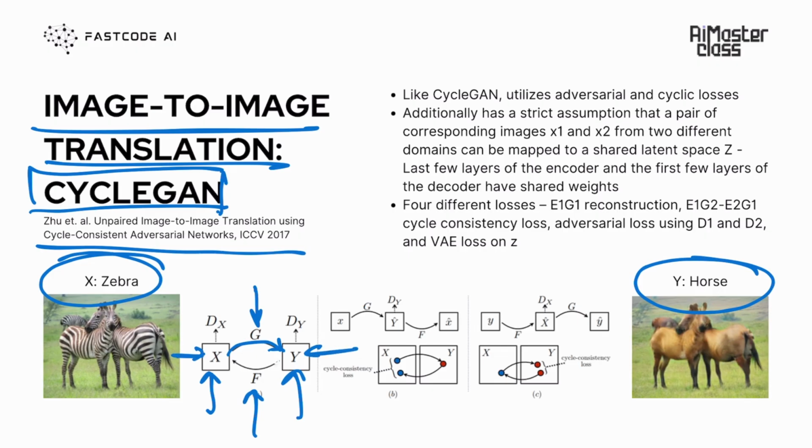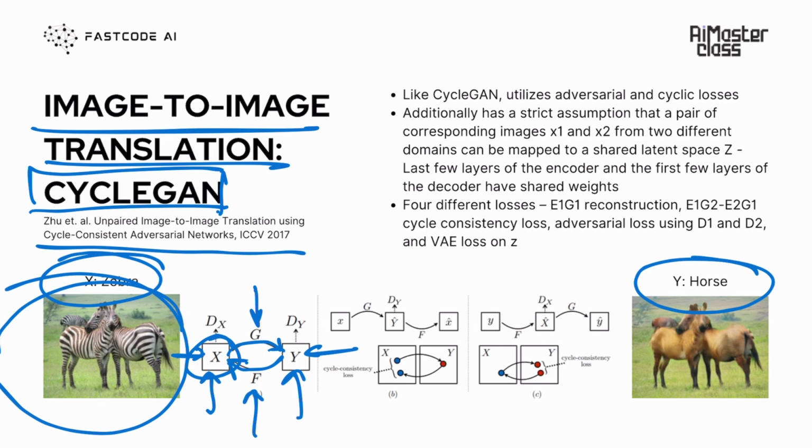And similarly, we're also going to convert our horse to zebra. Initially, obviously our network is not trained, and when we put this whole image as a condition and try to get the output of the horse, it will probably not look like a horse, but we want it to eventually look like a horse.